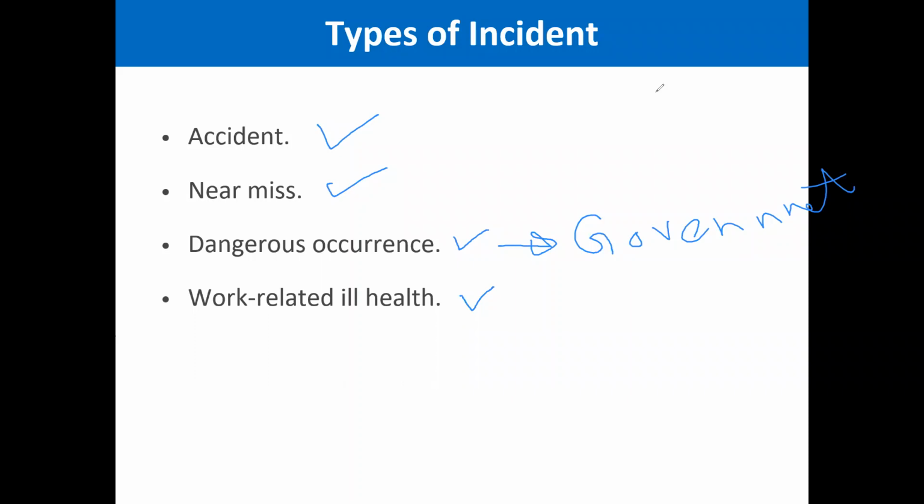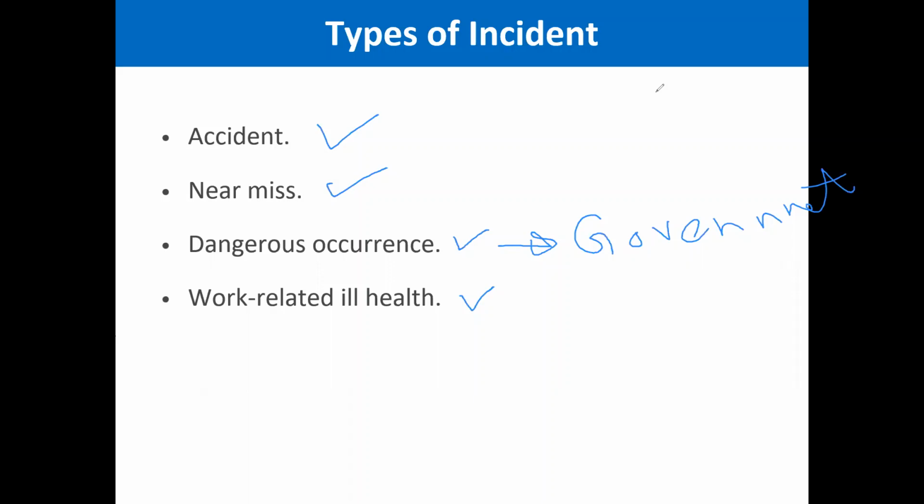Okay, and then finally there are work related ill health cases. For example, you might have a situation in which a person is not injured but he gets ill health. For example, if you are exposed to asbestos, asbestos will not cause you any physical injury. It will not cause you a broken leg or a broken arm or any other physical injury.